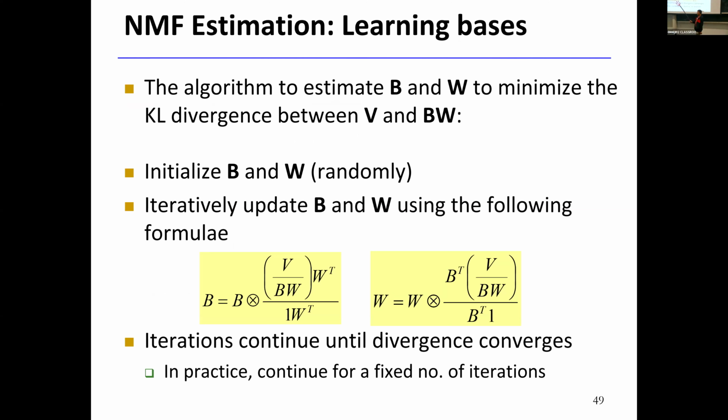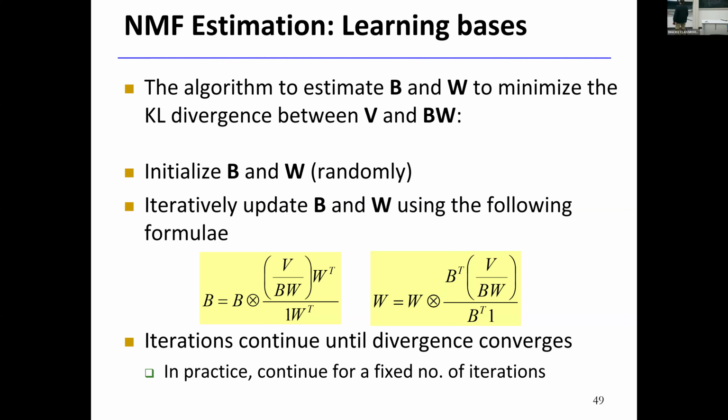And if you check out the dimensions of this term, all multiplications and divisions over there are component-wise, so it is going to have the same size as B. And then once I've gotten my B, I can update my W. This is again a component-wise multiply of the current W by this second term, which is B transpose V over BW. V over BW is giving you the ratio by which the estimate is off, right? And so B transpose that ratio is essentially how much you want to correct W by at each point.